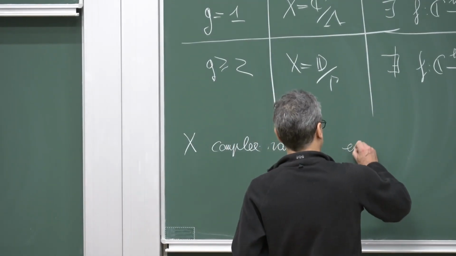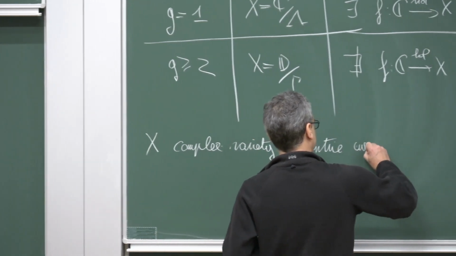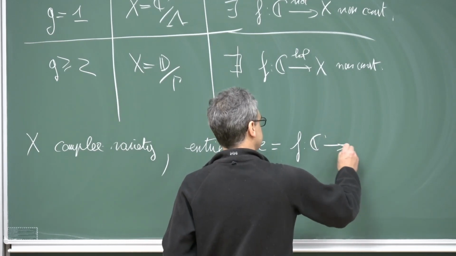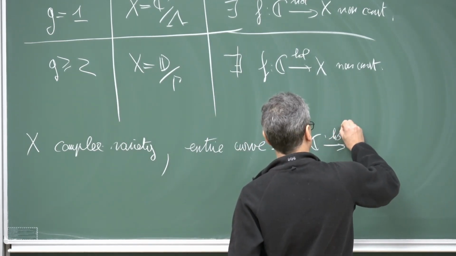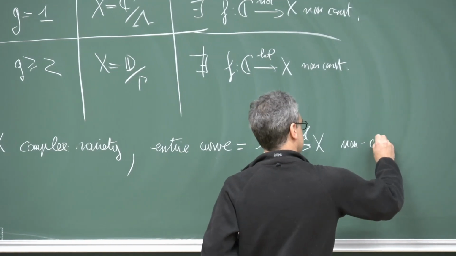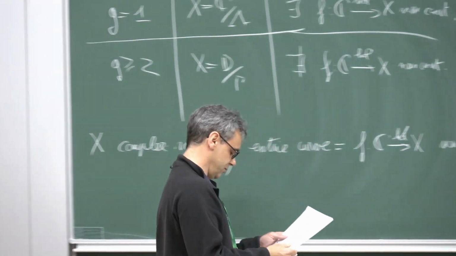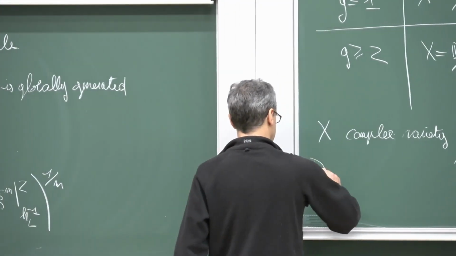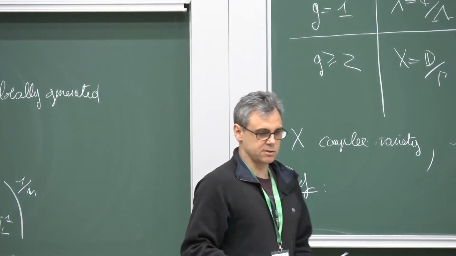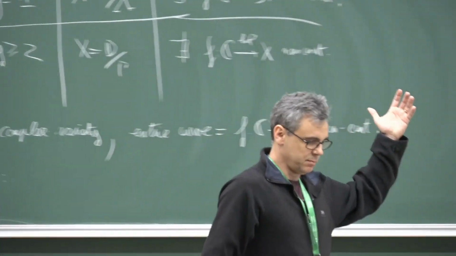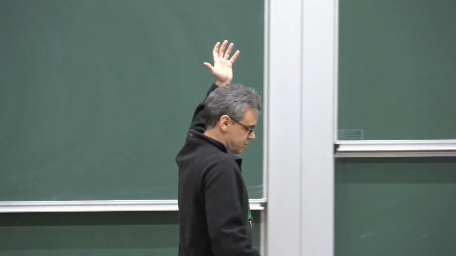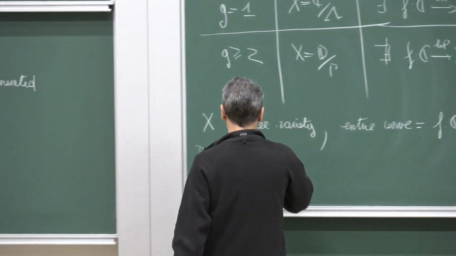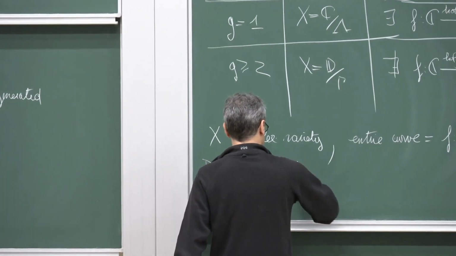So an entire curve is by definition a non-constant holomorphic curve from C. So now there is a lot of different notions of hyperbolicity, and you usually want to compare them. So I will just focus on one, which is what we call Brody hyperbolic.